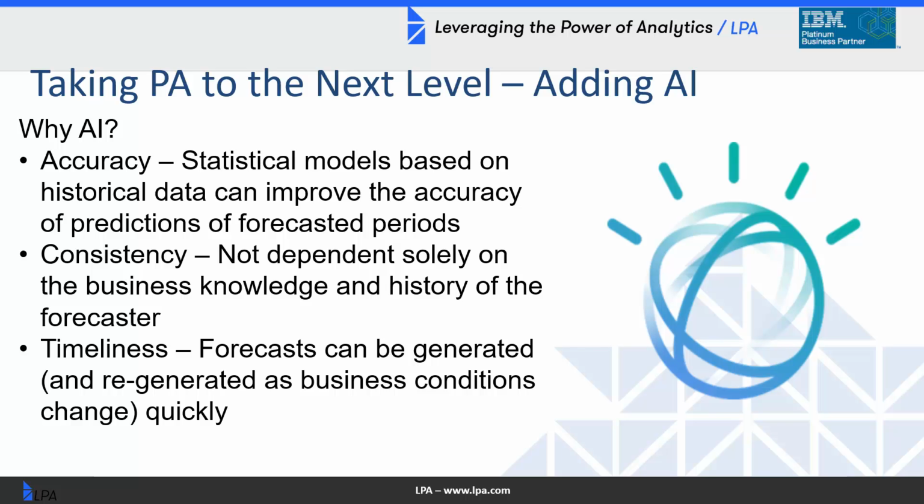So why AI? Well, first thing, accuracy. Statistical models based on historical data improve the accuracy of predictions of forecasted periods. It's consistent. So if you apply a model to future periods across the board, you're going to get a lot more consistent results. And timeliness.